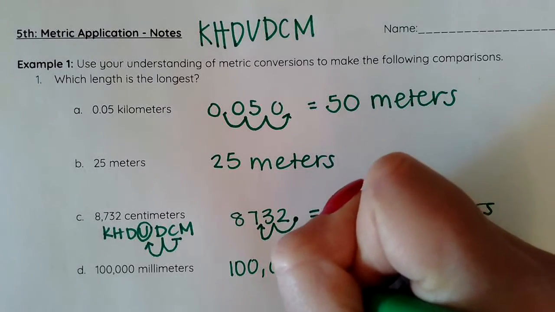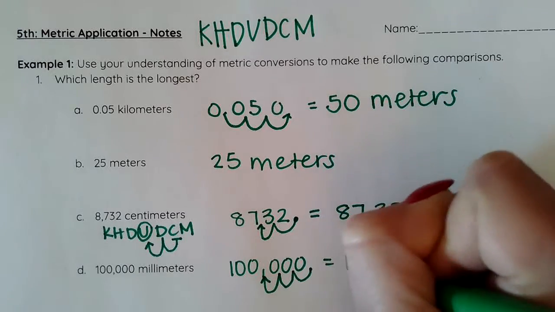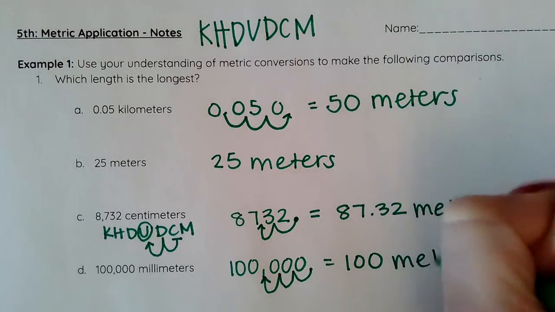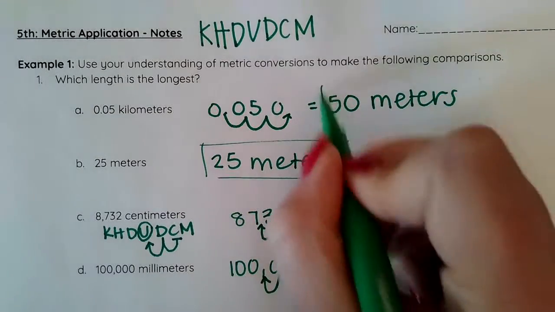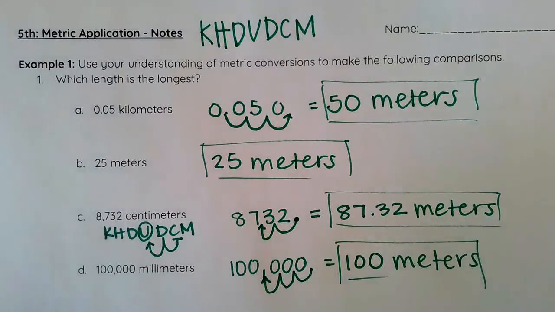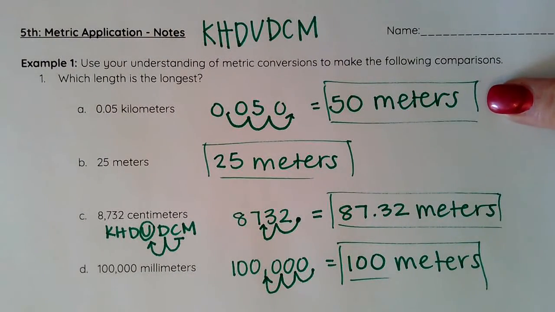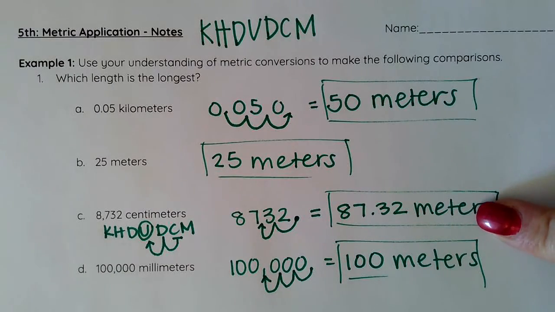I move my decimal 1, 2, 3 times, getting me a grand total of 100 meters. Now we are looking at the same unit of measure. My first one is 50 meters, 25 meters, 87 and 32 hundredth meters, and 100 meters.